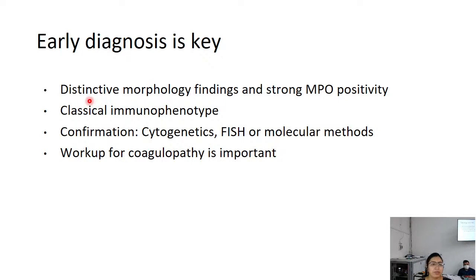The diagnosis may sometimes be challenging because patients tend to present with leukopenia and cytopenias. It does have a classical immunophenotype to a large degree. However, we need to demonstrate the PML-RARA fusion by cytogenetics, FISH, or molecular methods, and workup and monitoring of coagulopathy is essential for management of these patients.